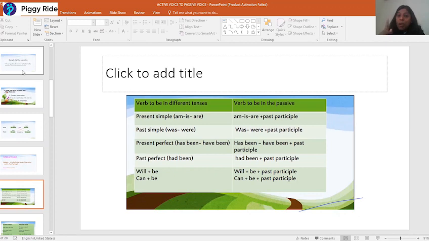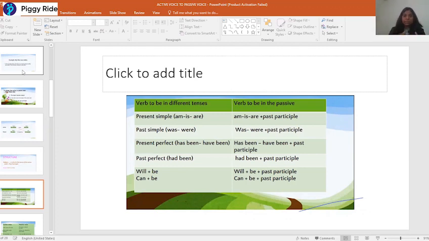Okay, now past simple: was, were. Now when it is going to be in passive form, was, were plus the past participle. Okay, now present perfect: has been, have been. But when it goes to passive form, has been, have been, and then the past participle.